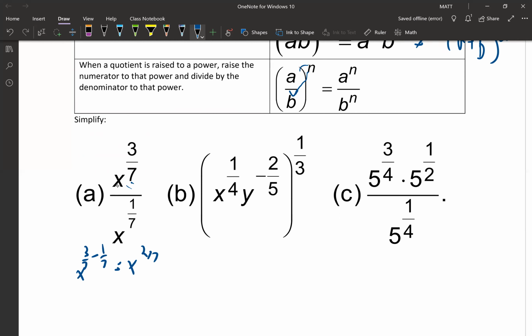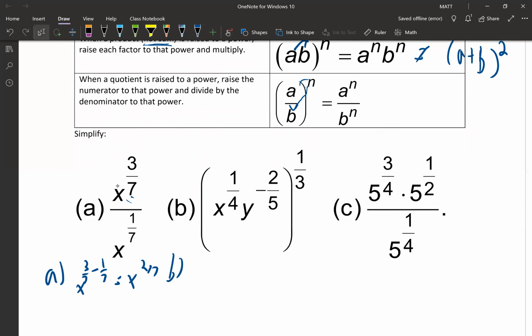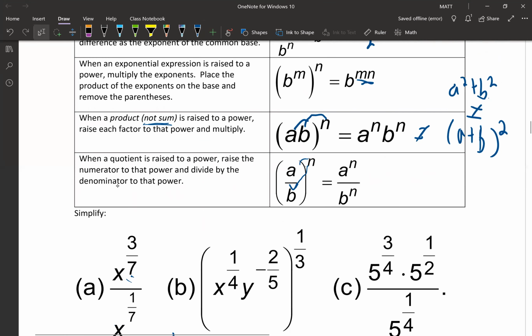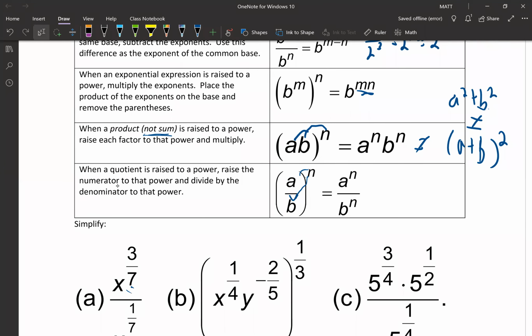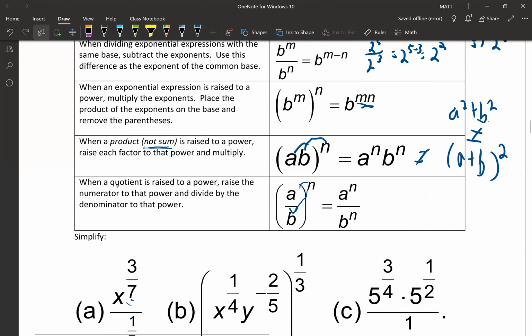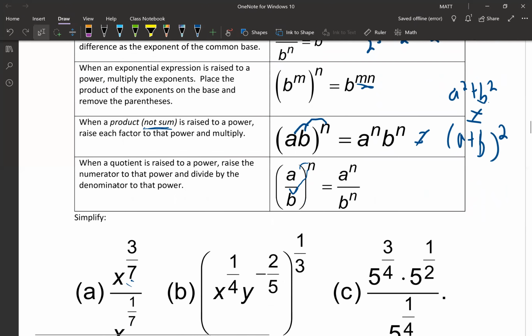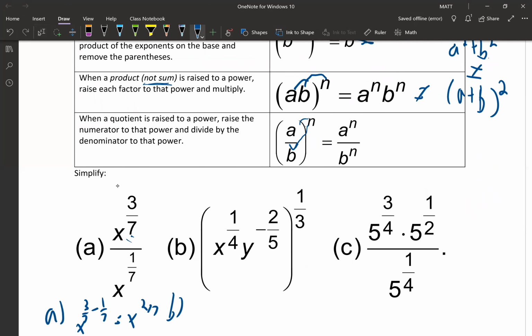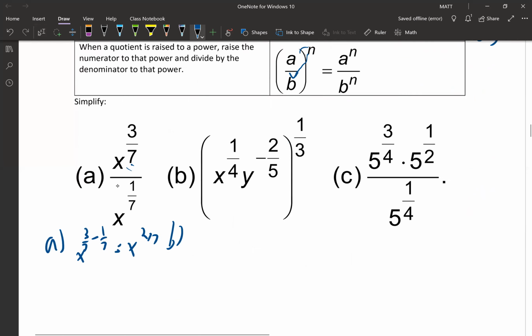Okay, for B, when we're raising something to a power, it's going to be both rules, rule 3 and rule 4. We're raising it to a power, so we multiply them, but we have two factors inside, so we have to distribute it to both of them.